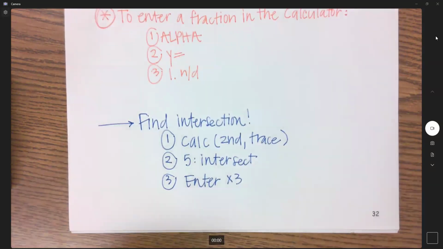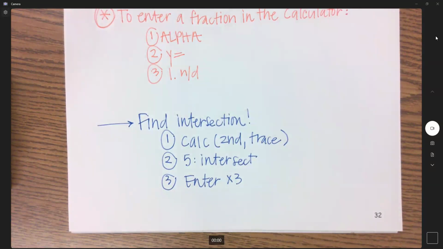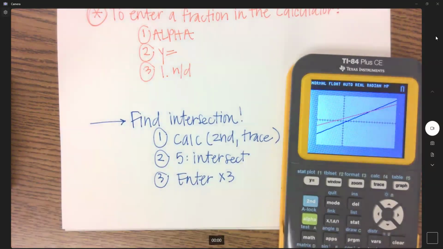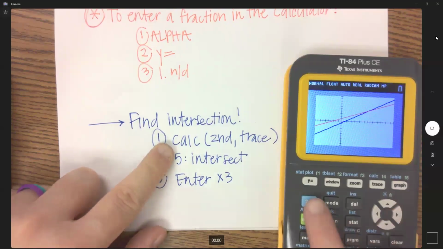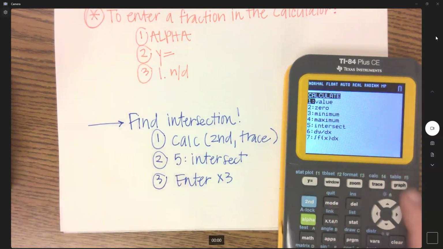Okay, so down here, let's find that intersection, which I kind of talked about with pressing second trace, but a little bit more specific. So we're going to go to calc, which is second trace. We have definitely used min and max, but now I want the intersection.